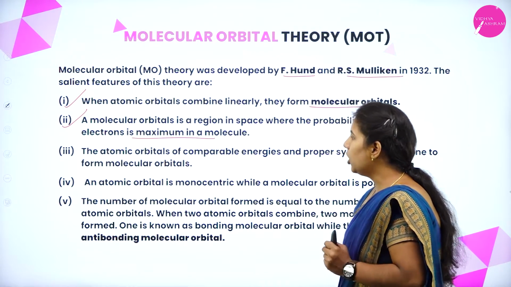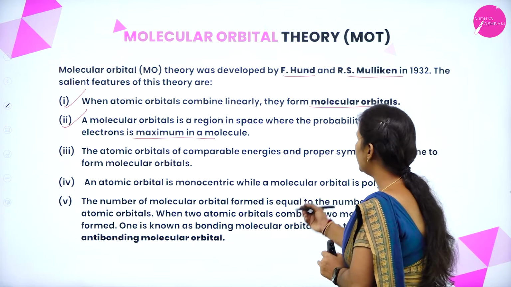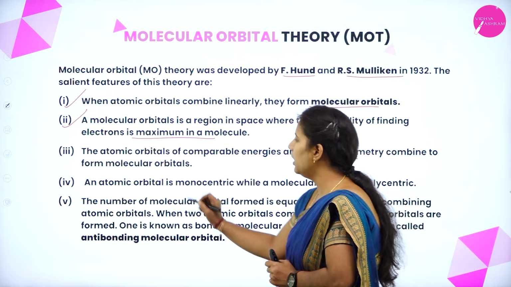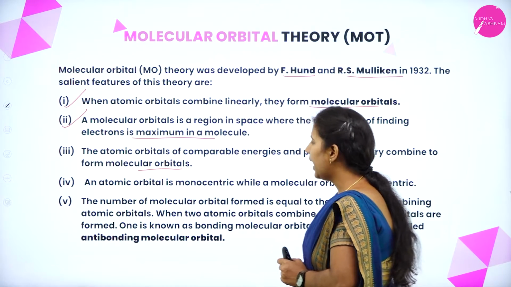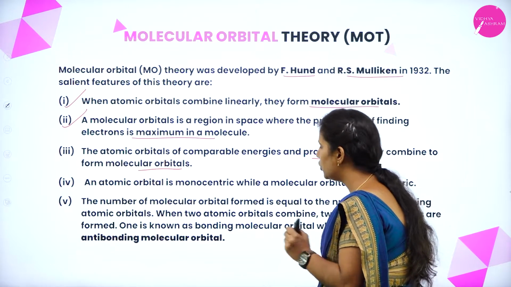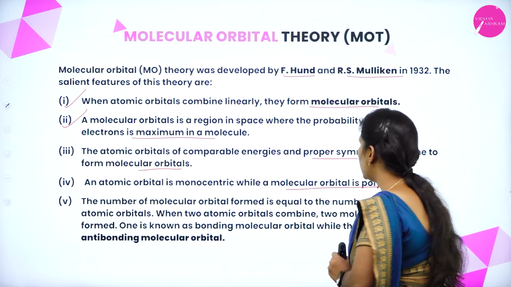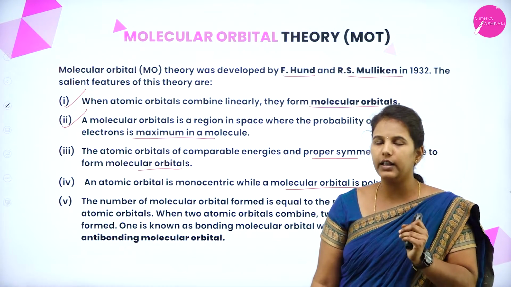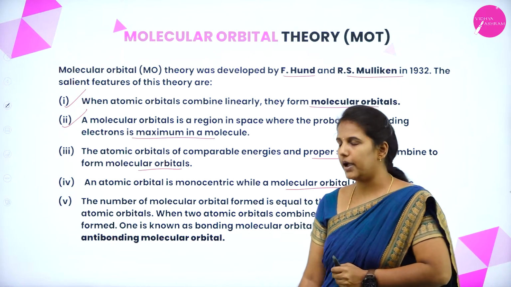And atomic orbitals of comparable energy and proper symmetry can combine to form molecular orbitals. An atomic orbital is monocentric, whereas a molecular orbital is polycentric. This is another important thing that you must keep in mind.